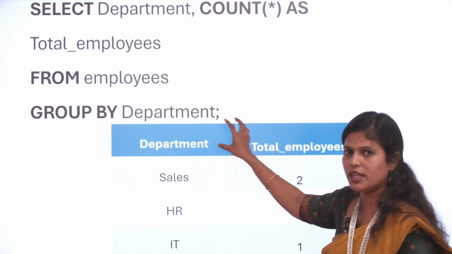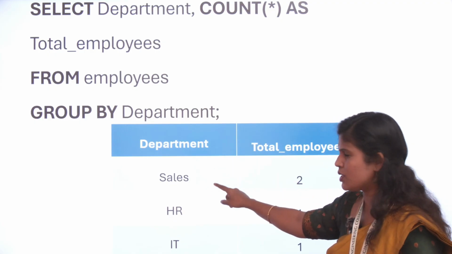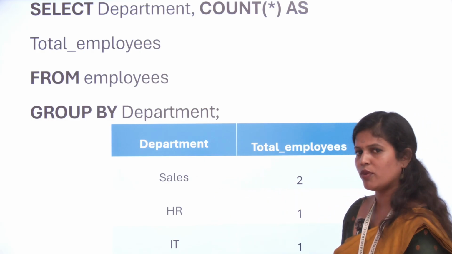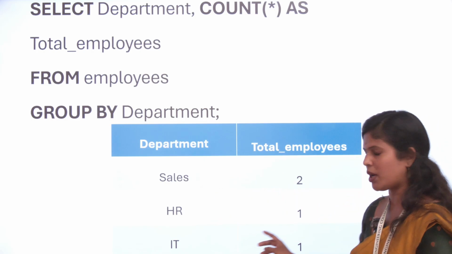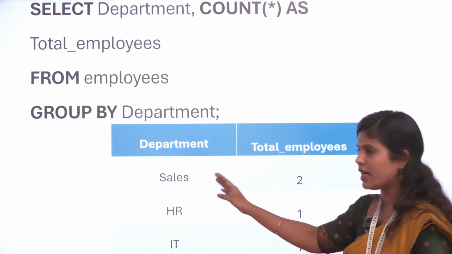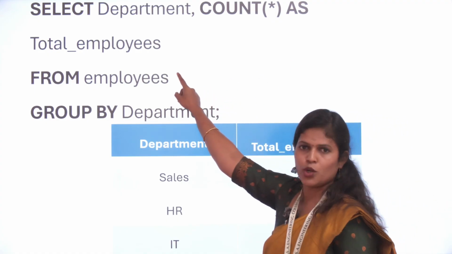We are grouping the departments here. From the sales department we have 2 members, from the HR department 1 member, and from the IT department 1 member. So it grouped the departments, and from that it returned the total employees.